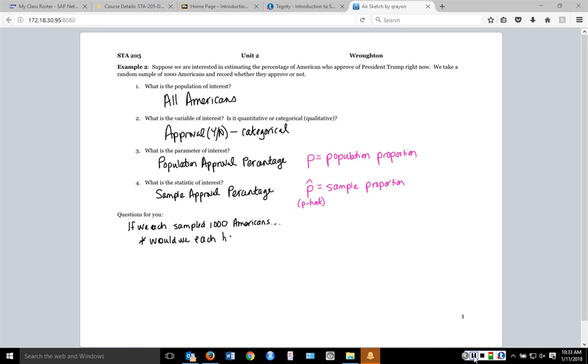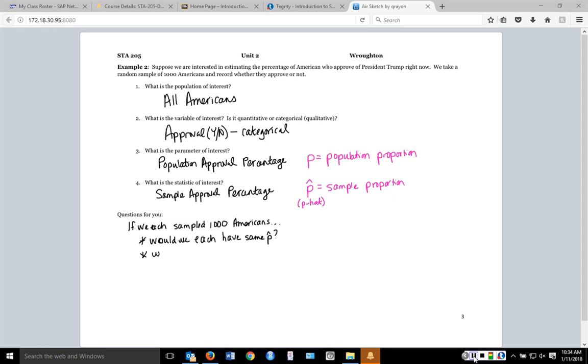Whereas if we ask different people, we're probably going to come up with different values for P hat, right? So I might find 45% of my people approve, and you found 49% of your people approve. So we could have different values for P hat.